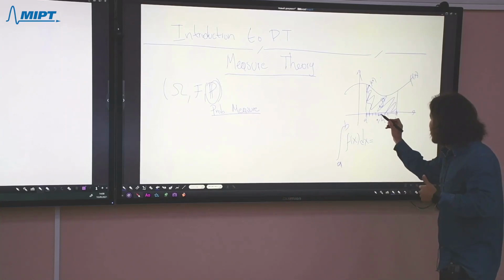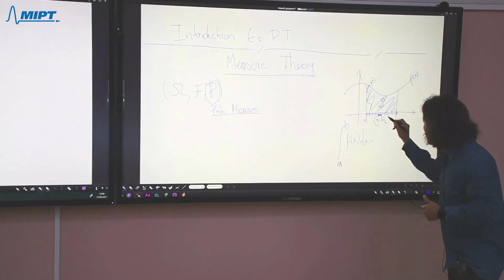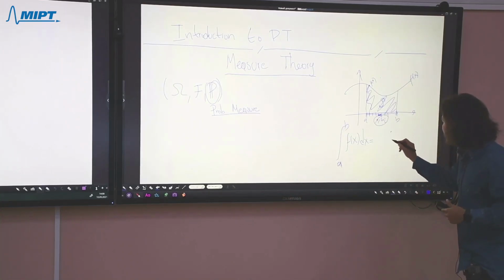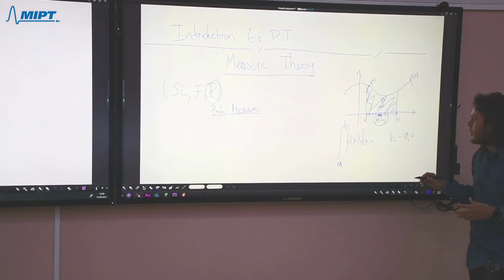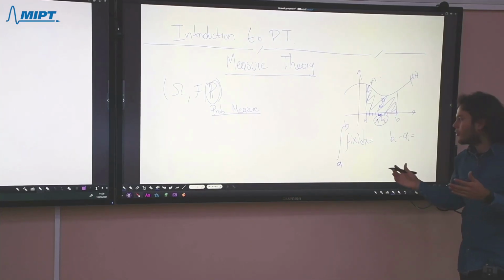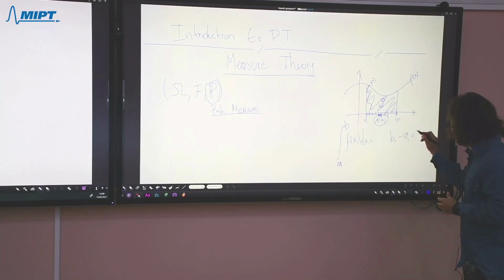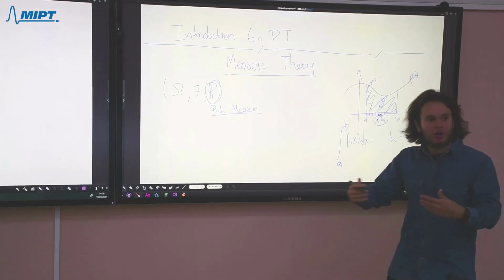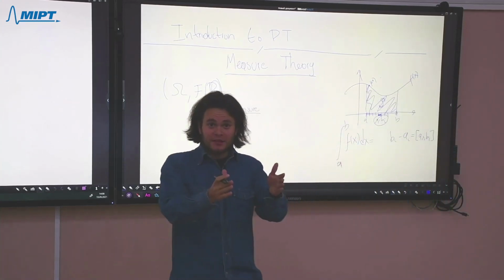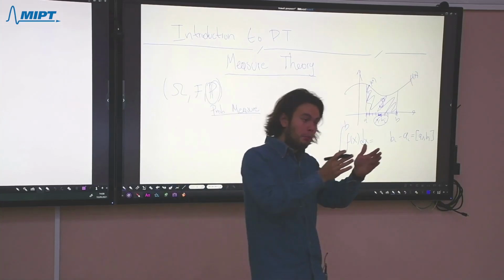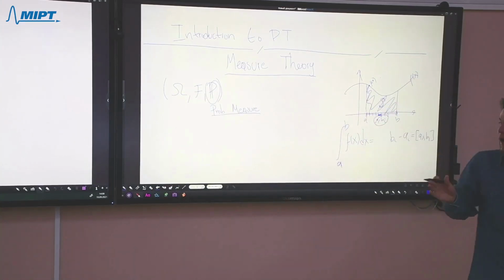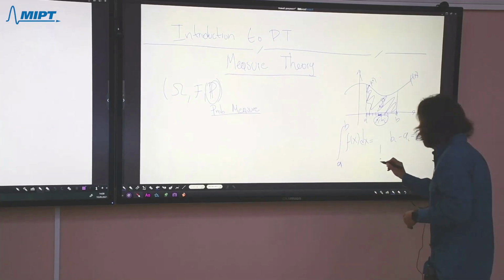And this distance, b_i minus a_i, you call the measure of this interval, the Lebesgue measure of the interval a_i b_i. So just the distance between b_i and a_i, okay?